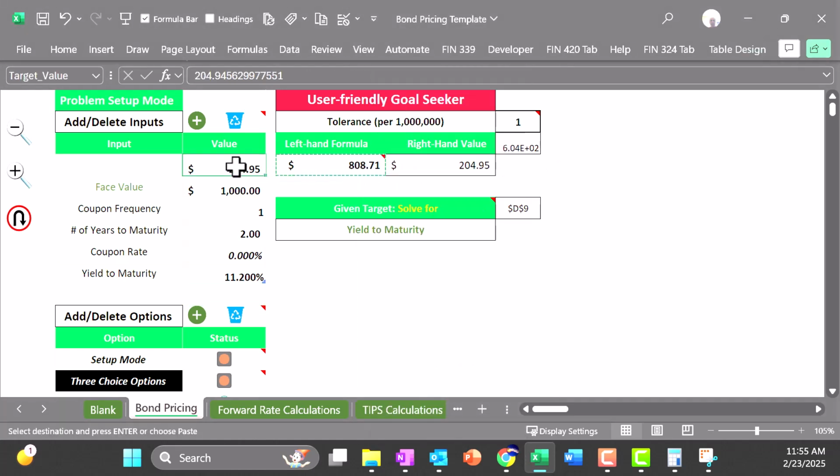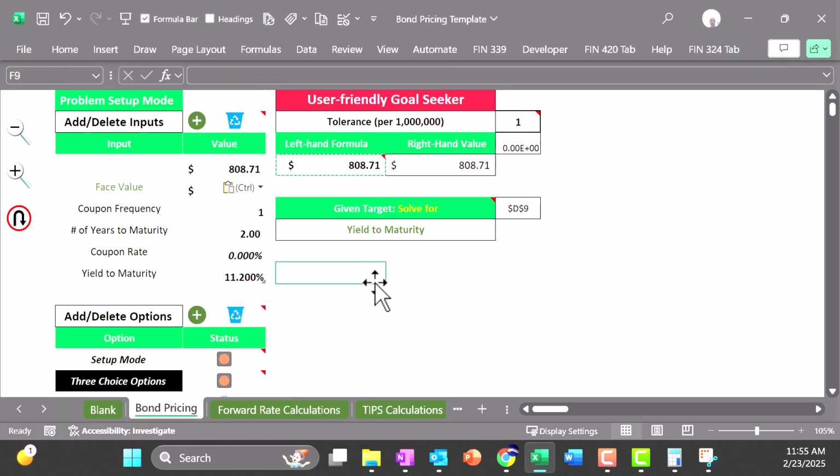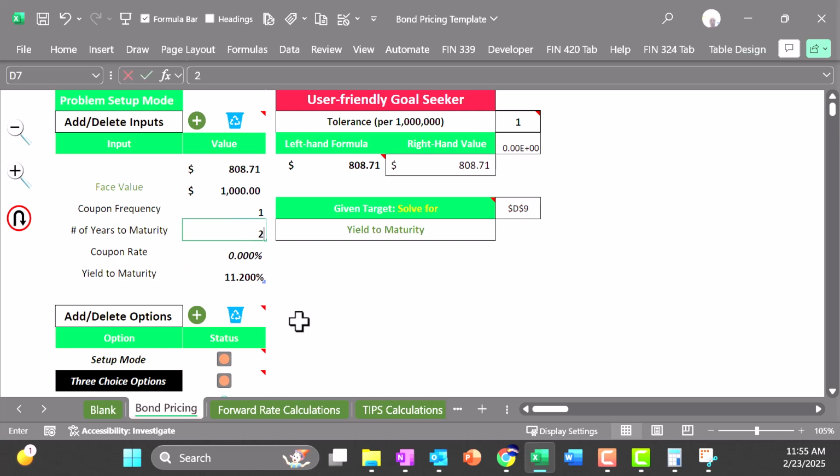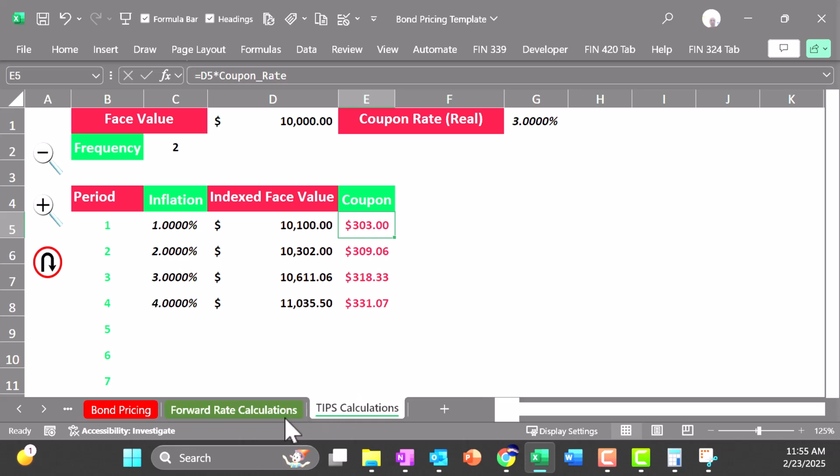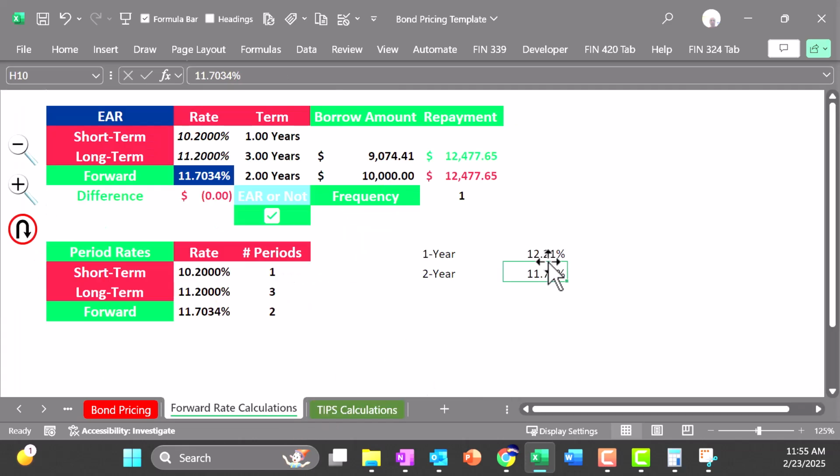Let's copy that, paste it here. 1 year from now, this bond will have only 1 year left to maturity, but the 1 year rate is no longer 10.2. If the expectations hypothesis is correct, we should expect the 1 year rates to be 12.21.